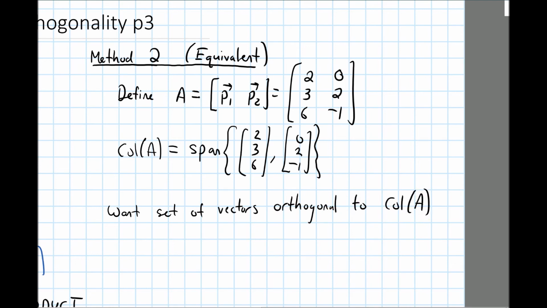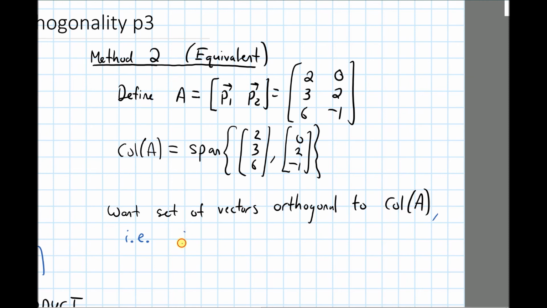Because if I can get some vectors that are orthogonal to the entire column space, then they'll definitely be orthogonal to the columns themselves. In other words, what do we call the set of vectors that's orthogonal to this subspace? Well, that's the orthogonal complement of the subspace.